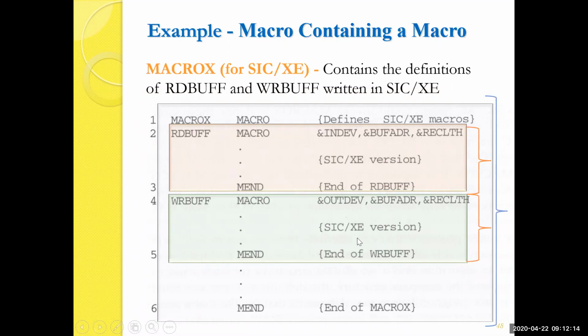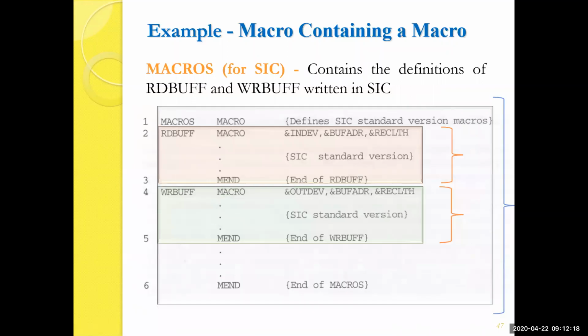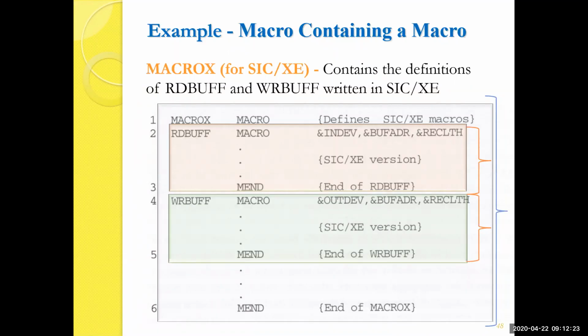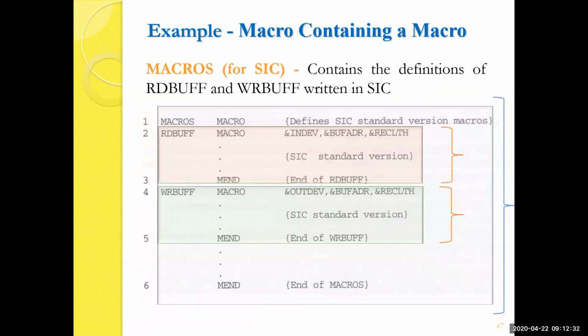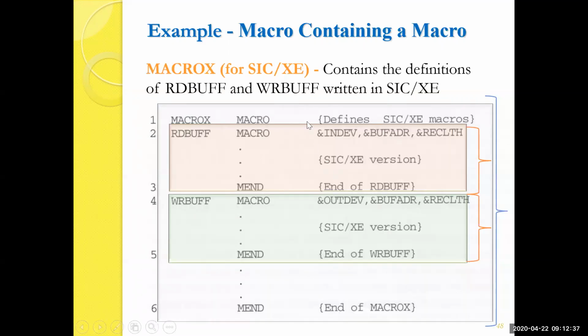Now, if you want to use rdbuff or wrbuff for the standard version, then you can invoke macro S. While if you want to use rdbuff and wrbuff for SIC/XE instructions, then you could invoke macro X. Please note, the outer macro is not parameterized, only the inner ones are parameterized here. Likewise, in the second one, the macro written for SIC/XE, the outer macro is not parameterized, only the inner ones are.